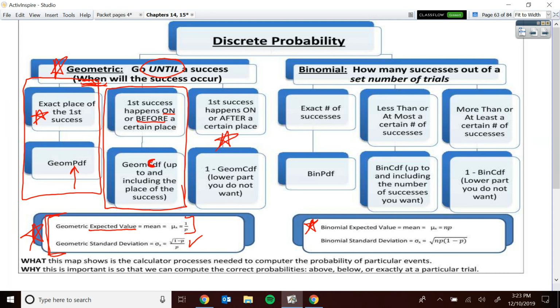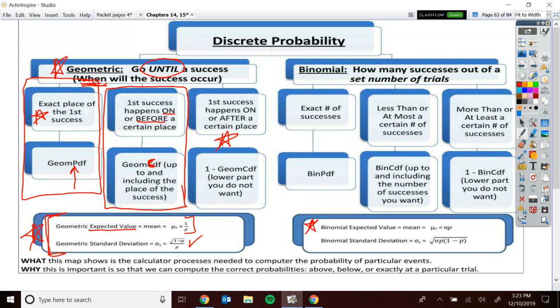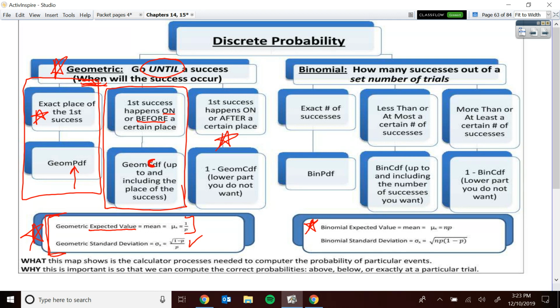All right, and then yesterday we talked about binomial distributions. We talked about how binomial is happening when they tell you a set number of trials. Out of 10 cars, what's the probability exactly 6 of them are wearing their seatbelt? We did that alone yesterday with the exact number of successes, binomial PDF.